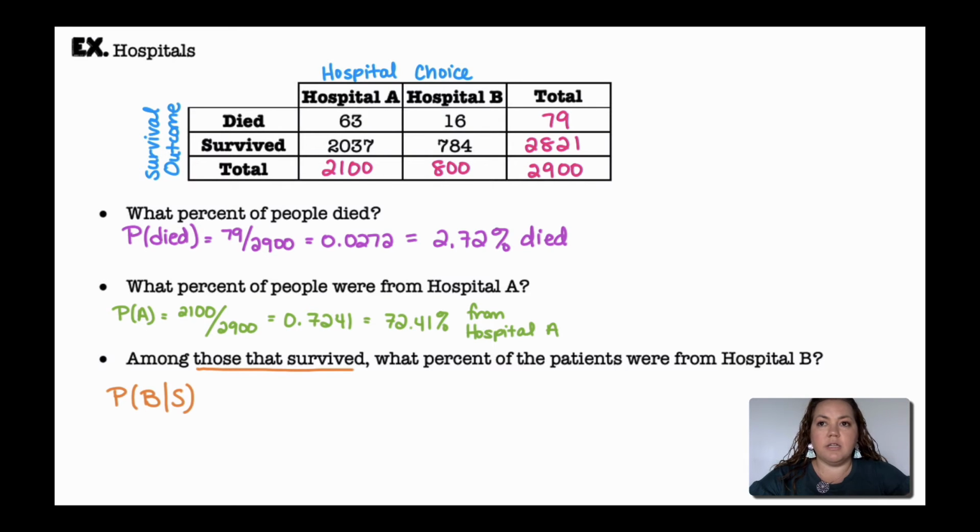So out of those that survived, okay? How many were from B and survived was 784. They were from hospital B and they also survived. Out of those that survived, given they survived, 784 out of 2,821 works out to be 27.79%.